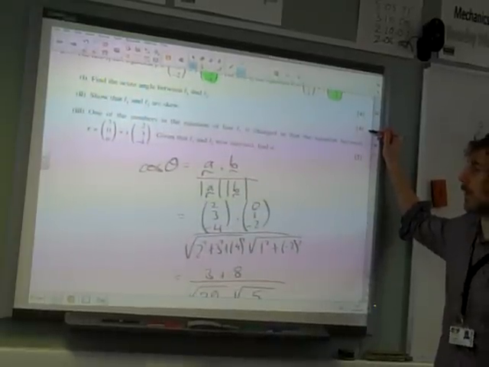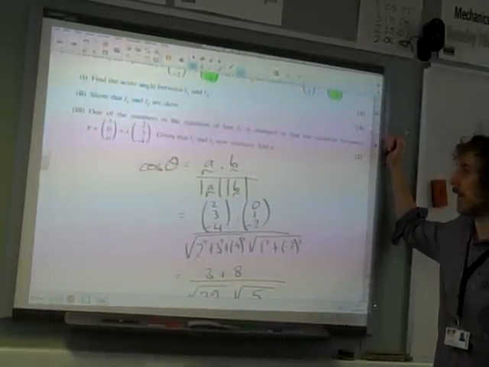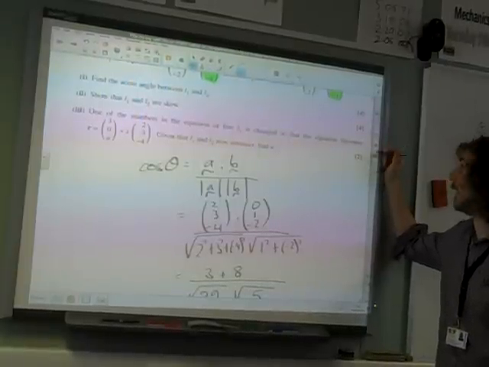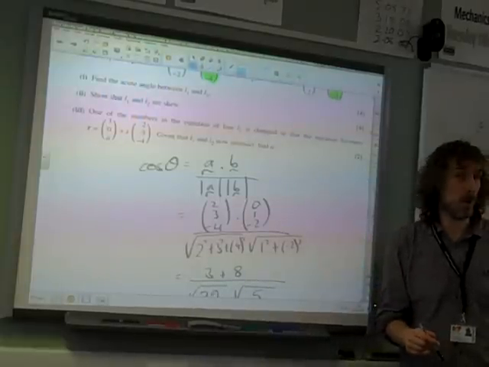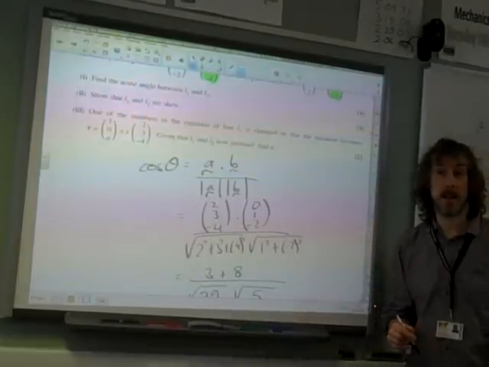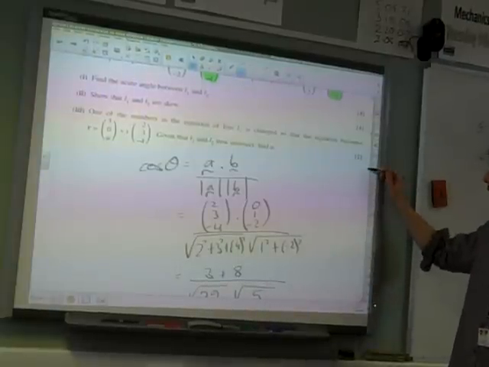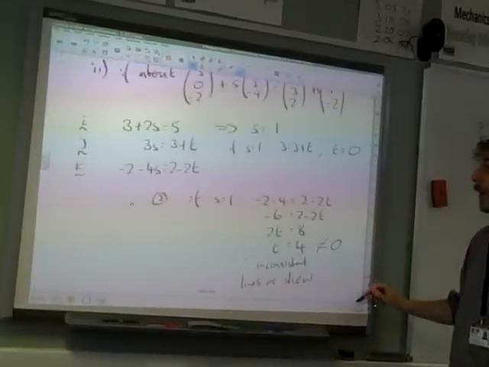One of the numbers in the equation of line L1 is changed so that the equation becomes that. Given that they now intersect, find a. Well, actually, this is 2 marks, so we're not going to go right back to the beginning and do it all again. We're just going to recognise that a was the minus 2 in the bottom line.